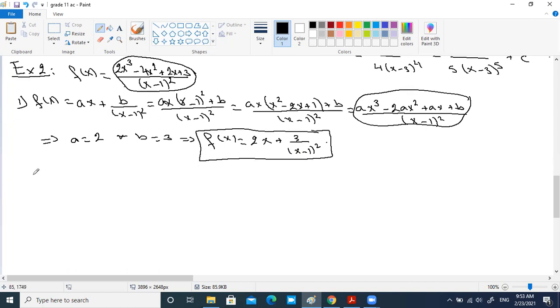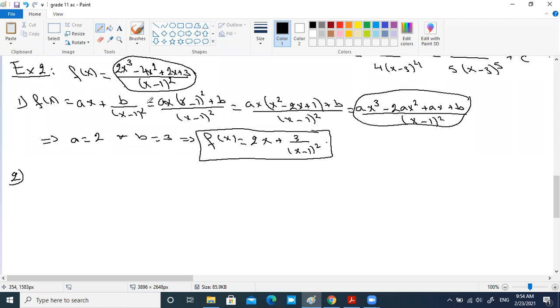Part 2, deduce the integral of f of x. Of course, starting from the original form, you can't find the integral. It's not under the form of any of the rules that you have.